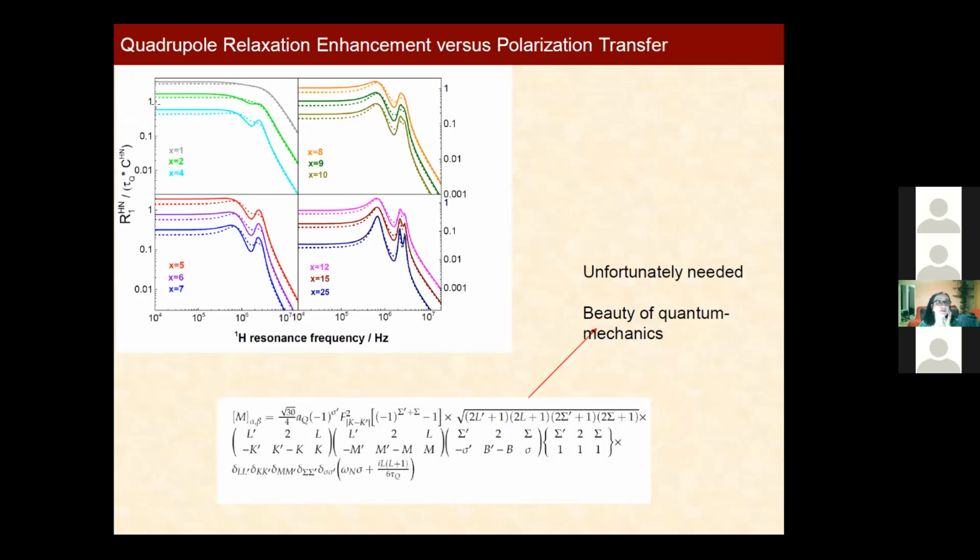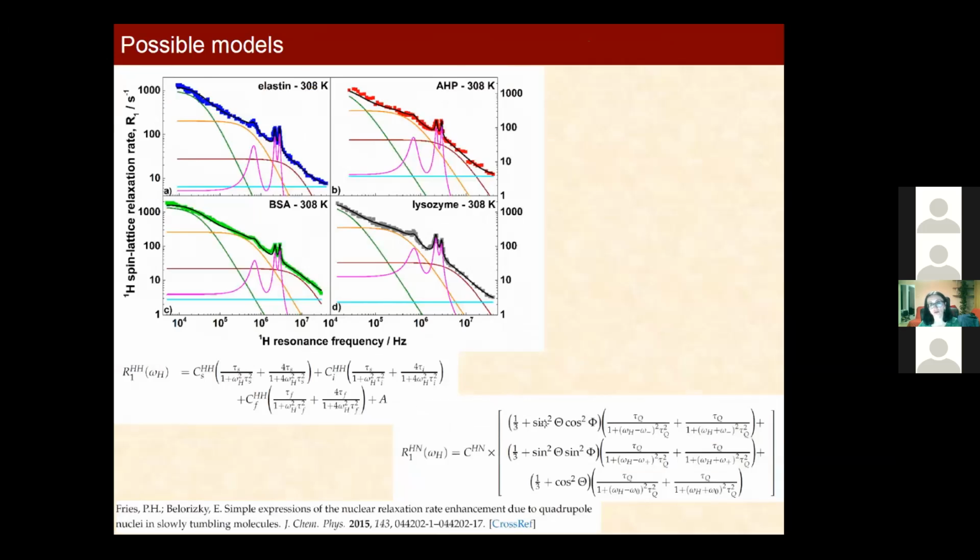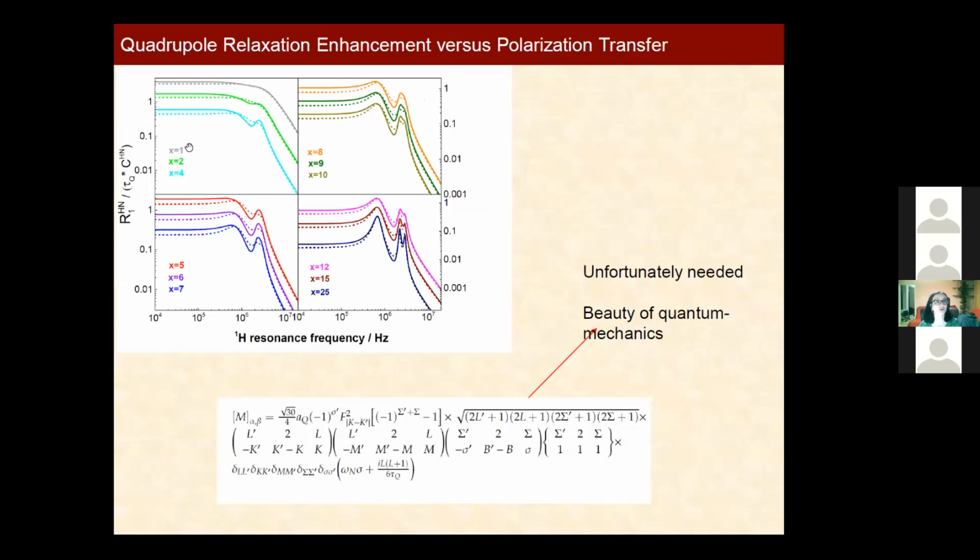Below 1, nothing is happening. There's no quadrupole relaxation enhancement, and the analytical form here will also predict no quadrupole relaxation enhancement. Then this product increases, which means the dynamics becomes slower and slower.